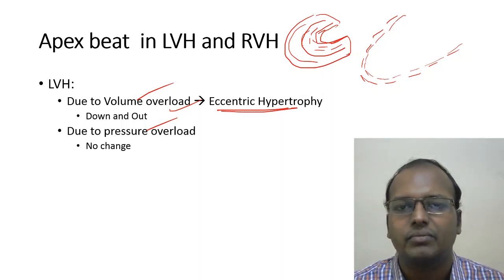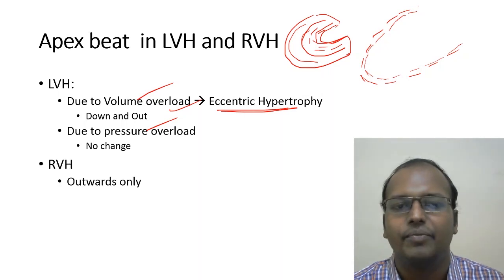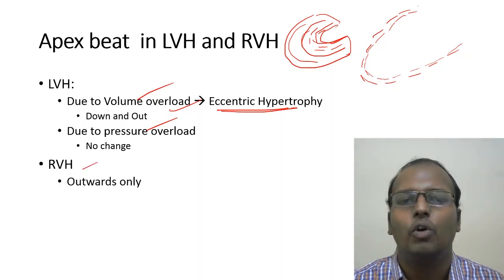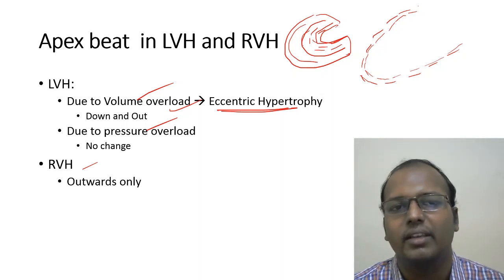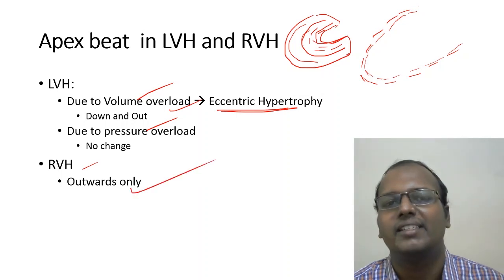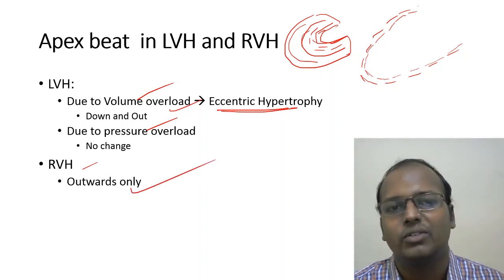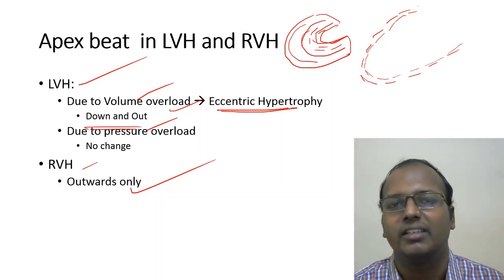Remember, eccentric hypertrophy will lead to serial arrangement of your muscle fibers. That will lead to a down and out apex beat. And right ventricular hypertrophy will lead to the apex beat moving outwards only, in the same intercostal space. In classical isolated mitral stenosis, this outward shift of the apex beat is seen, whereas when a patient with mitral stenosis has mitral regurgitation, then a down and out apex beat is seen.